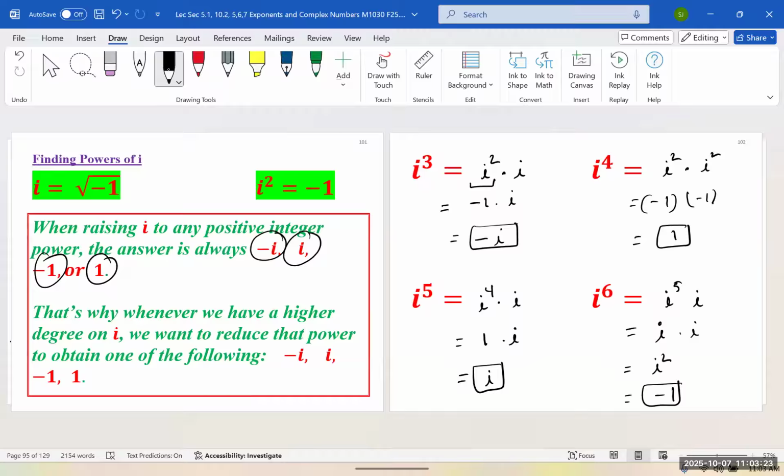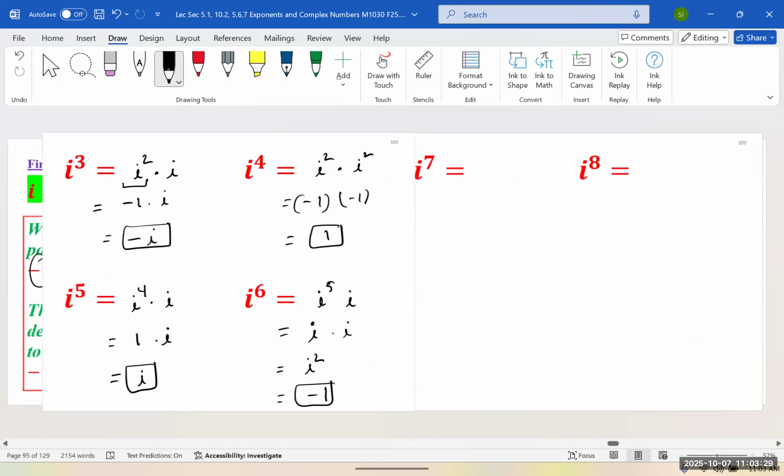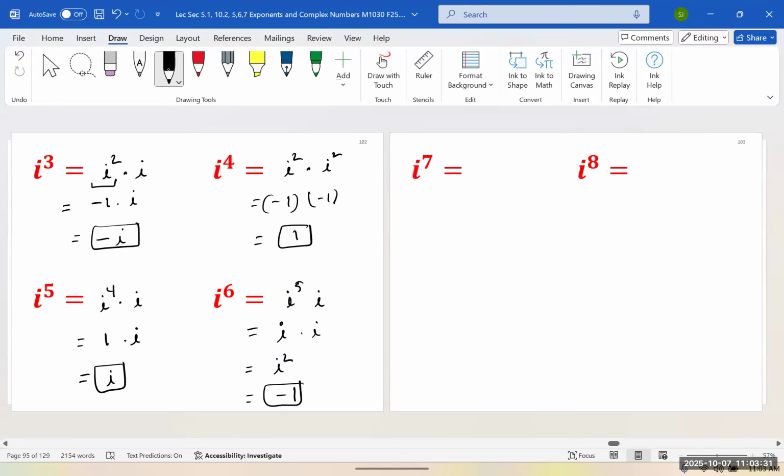Okay, 6. Now instead of i^7, which numbers are you going to use? I said use one i and the rest should be the other one: i^6 and i^1.